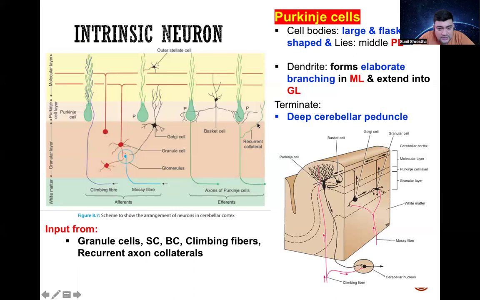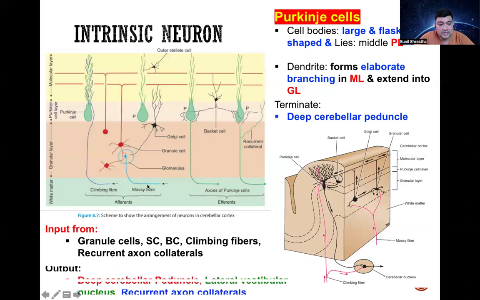This information comes from the granule cell layer, and it might be coming from the stellate cell layer, and the recurrent collateral might be there, as well as the climbing fiber. So these are the afferent information coming to the Purkinje cell layer.